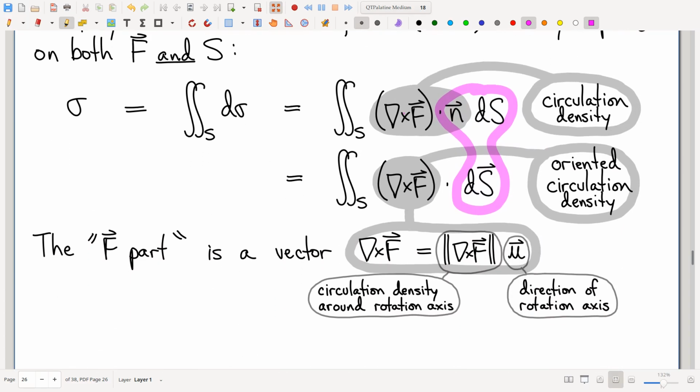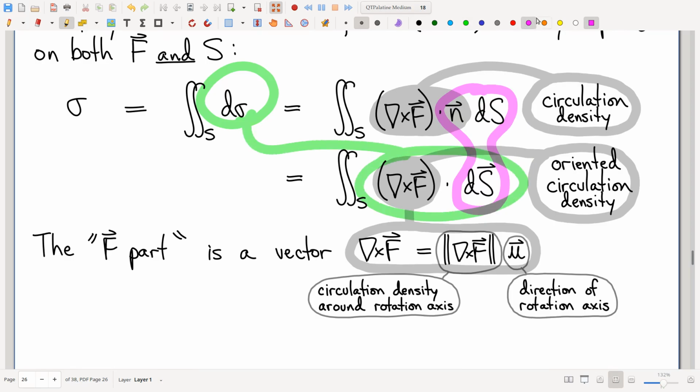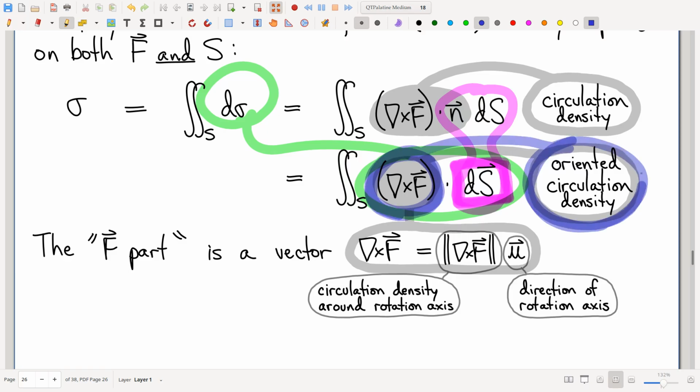So if we do that, and then with that in mind, again, let's try to make sense out of this equation. I mean, with the understanding that this is now an oriented size, doesn't it stand to reason that this thing, curl, we should interpret as an oriented density? And of course, our quantity in question is still circulation, so thus the term oriented circulation density.